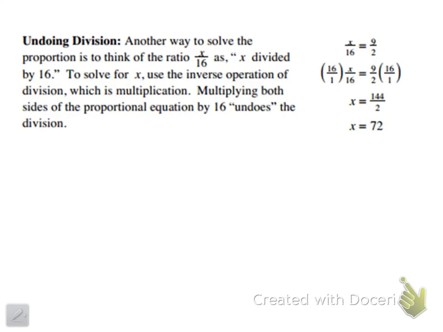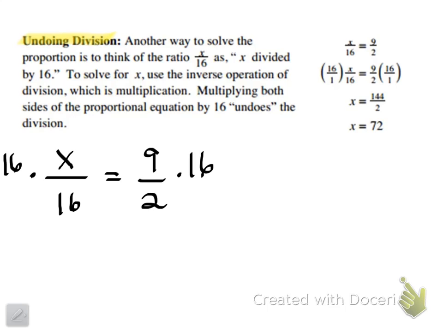Okay, we also have another strategy called undoing division. Another way to do that is just to look at the problem specifically and we say, okay, we have the same thing. X divided by 16 equals 9 divided by 2. I'm going to undo some division by using the inverse operation of division, which is multiplication. So I'm going to multiply both sides by 16.